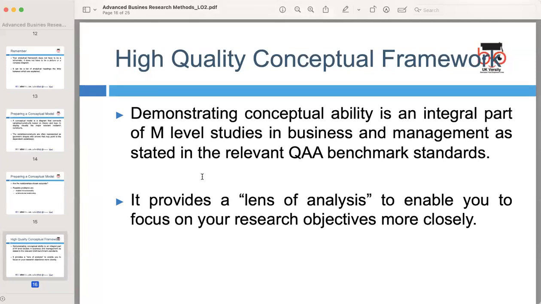So by employing a robust framework, we can navigate through the complexities of our research objectives and contribute meaningfully to the field. Remember, a well-developed conceptual framework acts as a lens of analysis, allowing us to see the bigger picture while zooming in on the details.